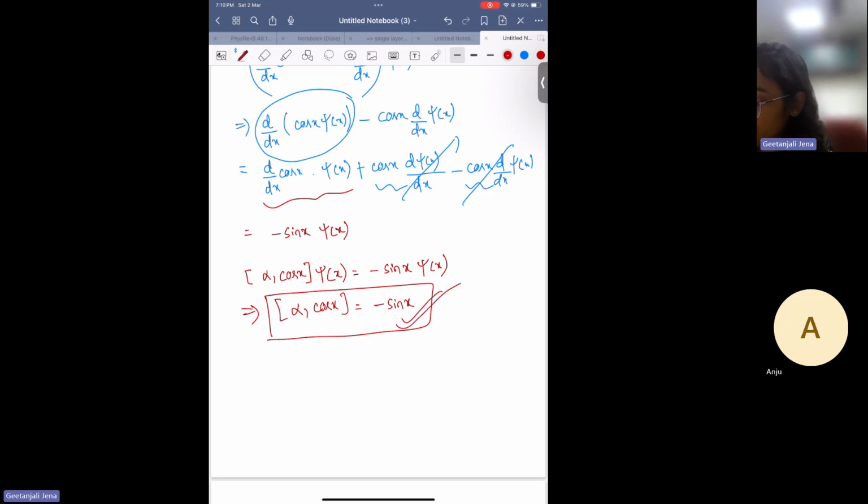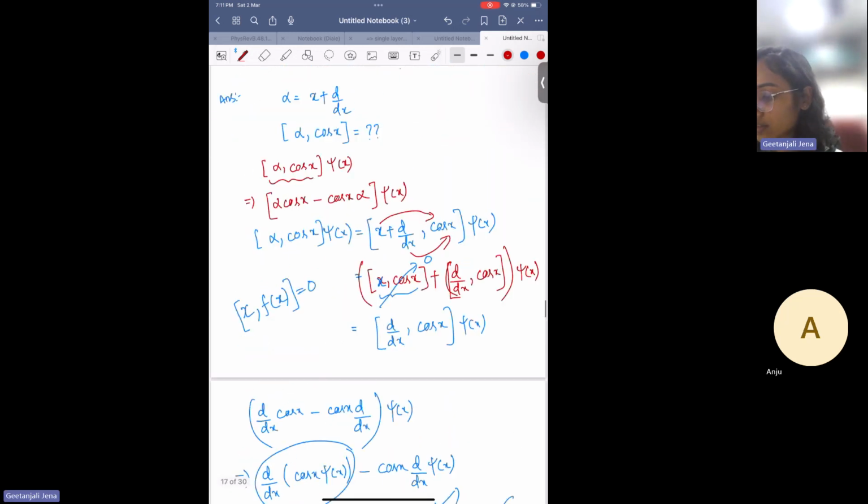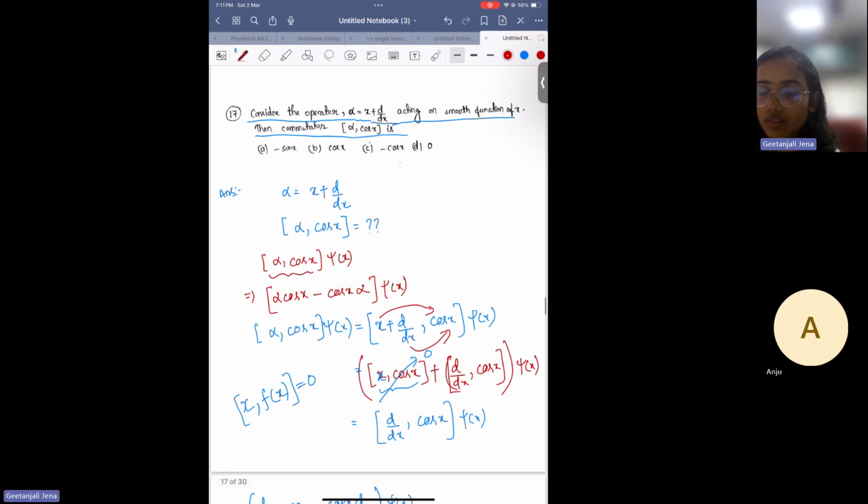This is the final answer. Similar to this problem, for any other commutation relation you just have to follow the same steps, and you can get the answer for any kind of operator. So the answer is minus sin x, which is option A.